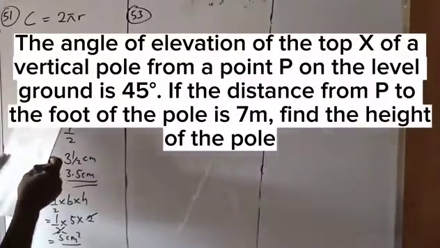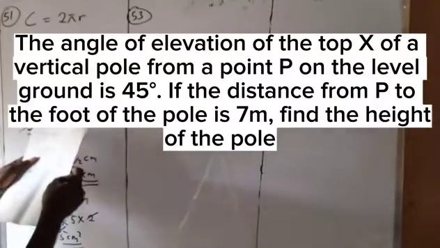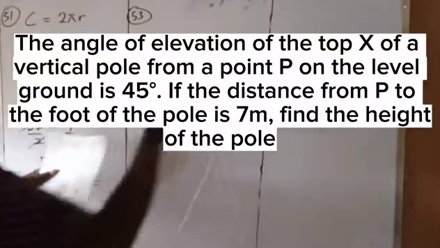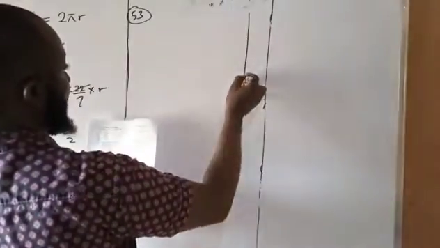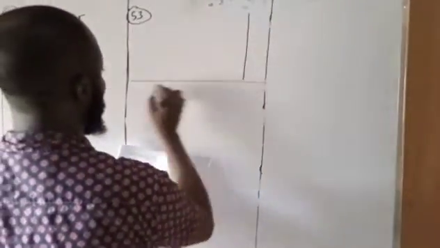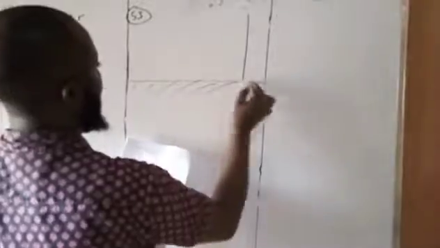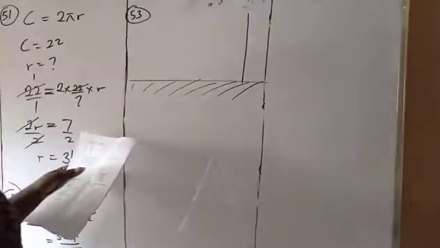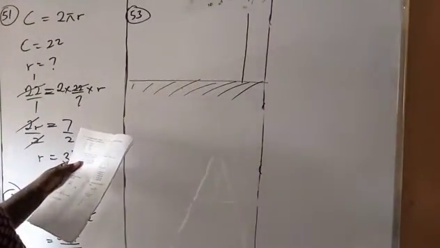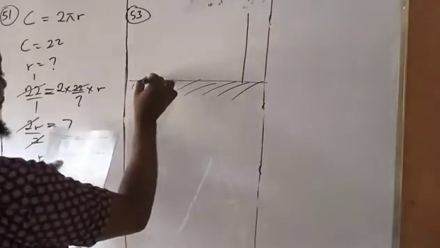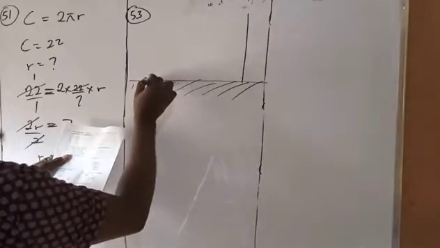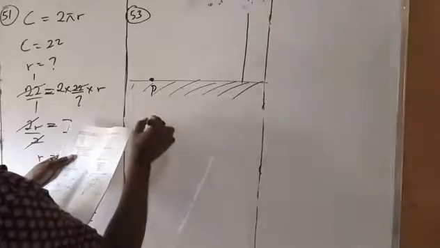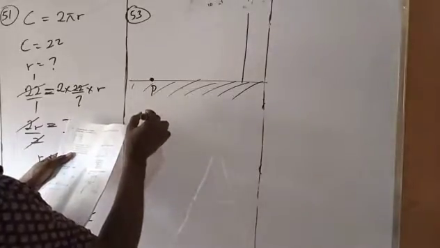Question 53. The angle of elevation of the top of a vertical pole. We have a pole here, on horizontal ground. The angle of elevation of the top of the pole from a point P on the level ground is 45 degrees.